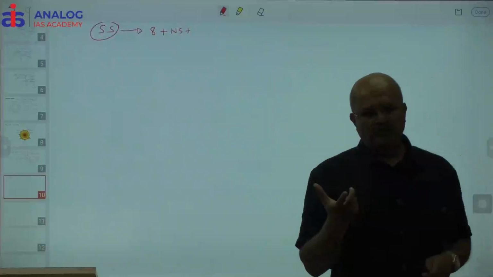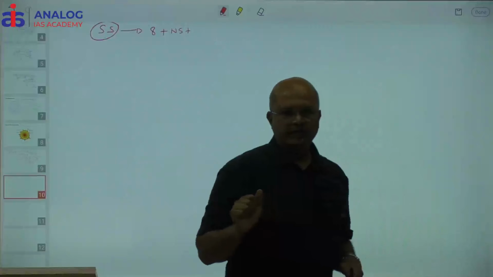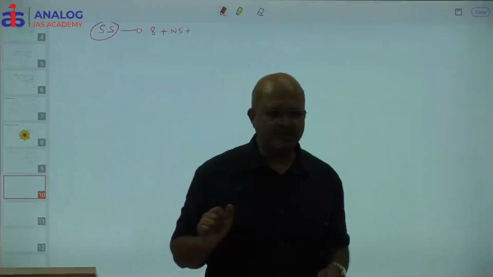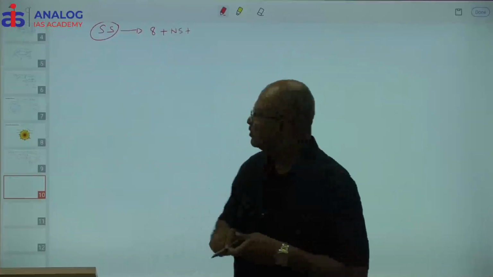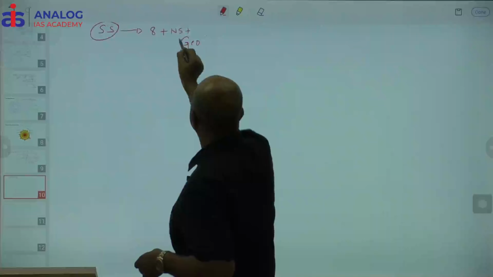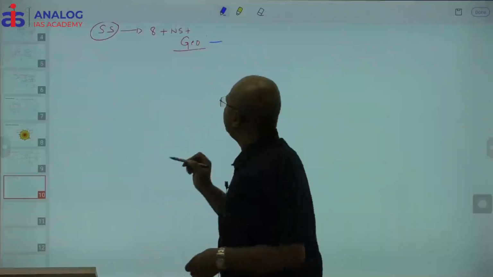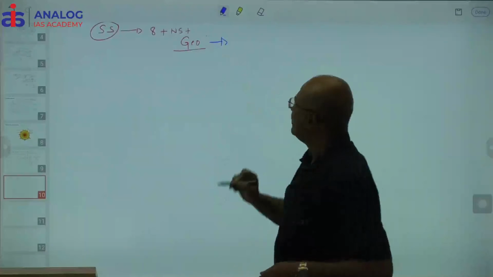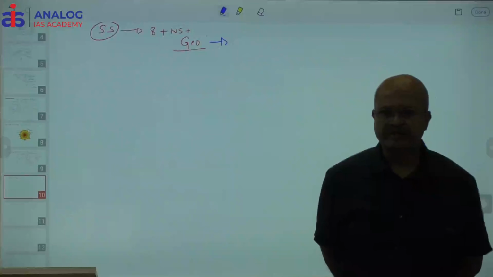Now the moment you talk about the solar system, before the 14th century, it was referred to as geocentric or heliocentric. In the beginning, it was geocentric. So what does it mean? Earth is in the center, and the sun and all other planets are revolving around it. That is called geocentric.